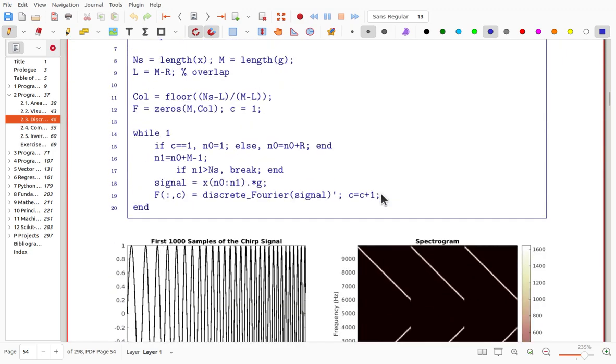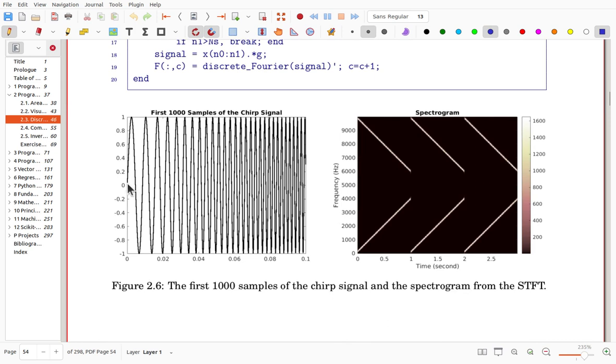Okay, so that's the first 1,000 samples of the chirp wave. And here the frequency is 100, and once it becomes 1 second, the frequency will become 4,000. It oscillates faster, and later on it becomes 4,000.